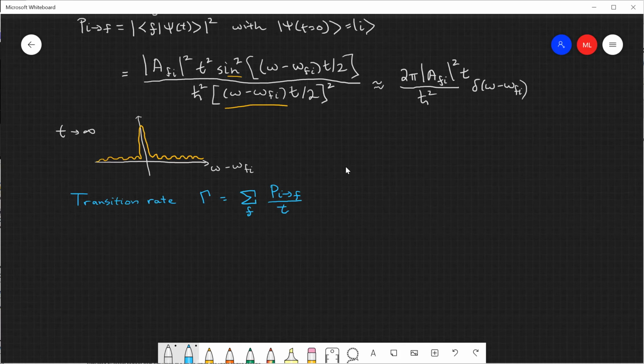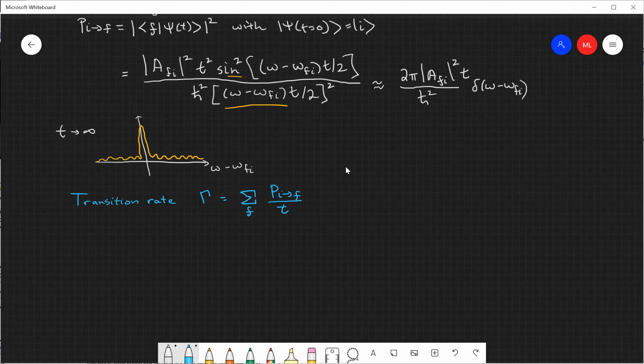So you'll have a rate at which you transition from some fixed initial state, whatever you prepared your system in, to any number of final states. The idea is you might prepare your system in, say, a ground state, and then you perturb it in some way with a light wave or an oscillating field, and you want to know the rate of transitioning away from your prepared state.